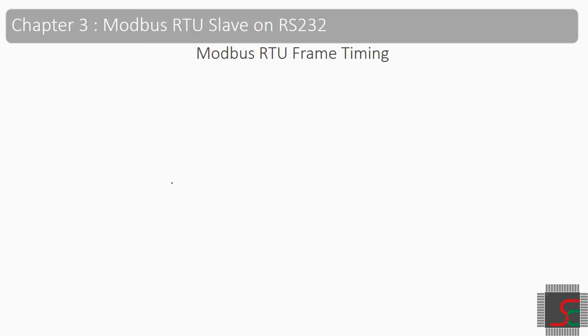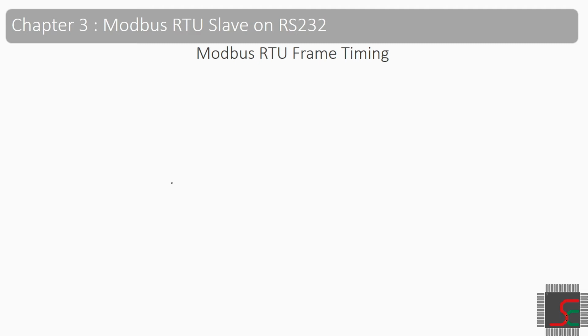As said in the previous slide, our code was processing the Modbus message based on the number of bytes and not based on time. But after implementing this specification, our Modbus processor will be time based. We will also test previously implemented Modbus function codes to understand how this timing specification works.